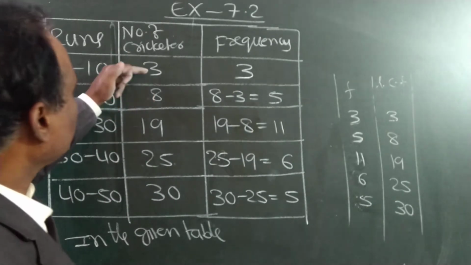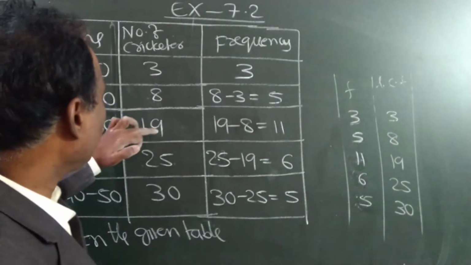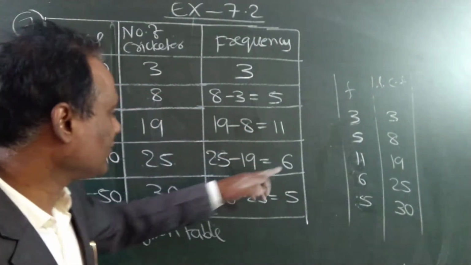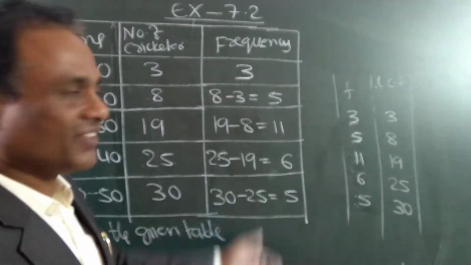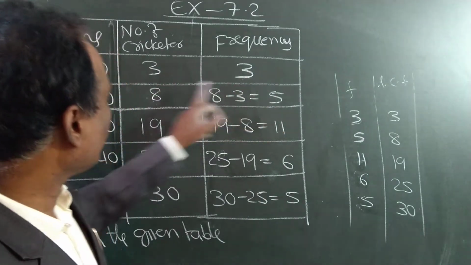See here. 3 same. 8 minus 3, 5. 19 minus 8, 11. 25 minus 19, 6. 30 minus 25, 5. This is LCF. See, if this is given, we can get it. See here, students. 3. 3 plus 5, 8.